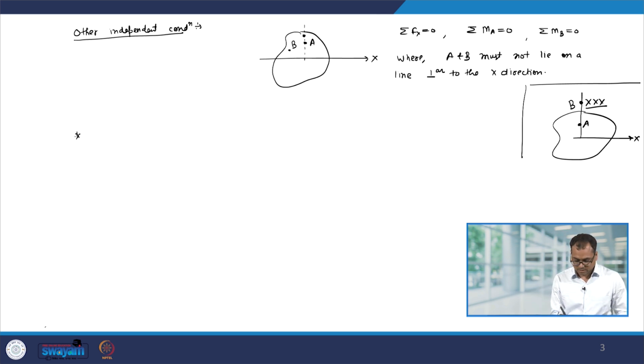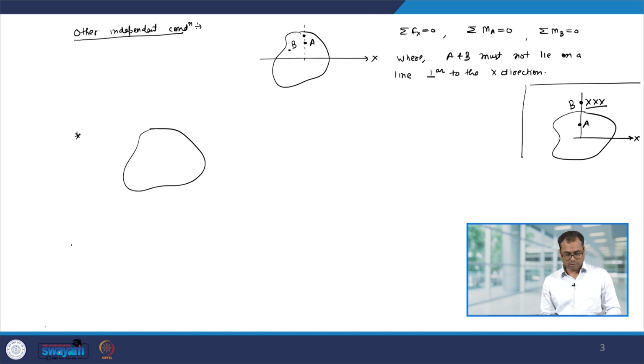Now, let us look at other conditions. Again, suppose I have a rigid body, and in this rigid body you take 3 points A, B and C. If the moment about A is 0, moment about B is 0 and moment about C is 0, then also the body will neither move nor rotate.